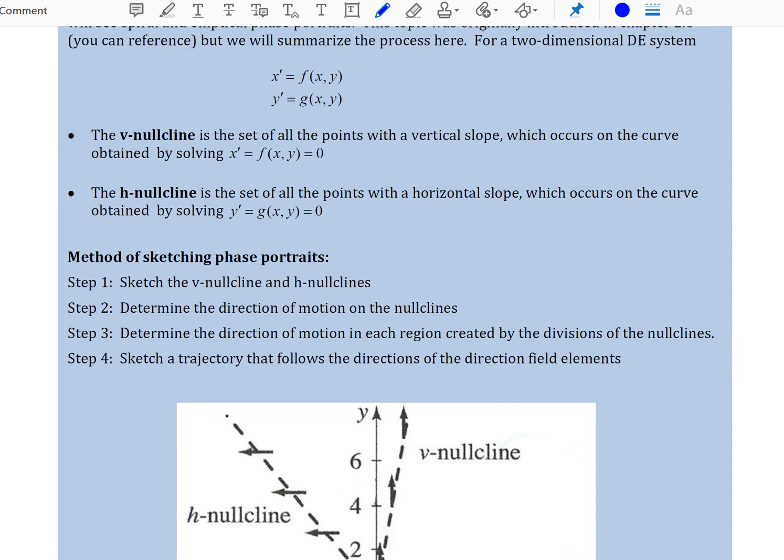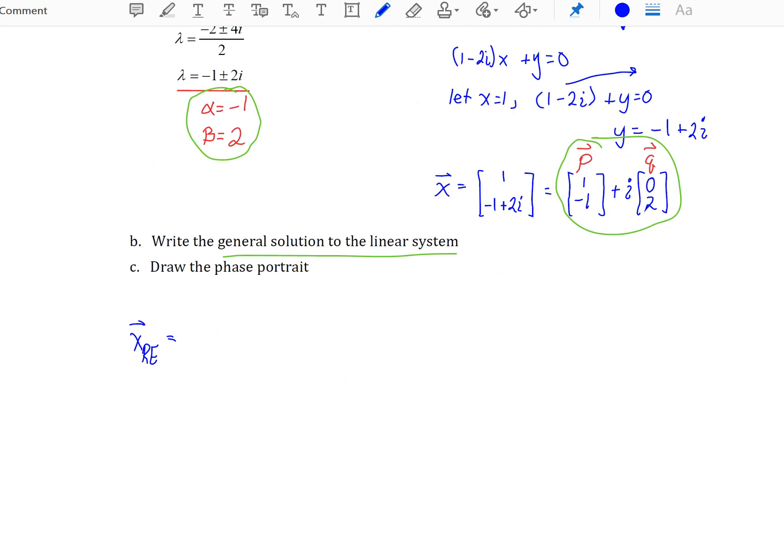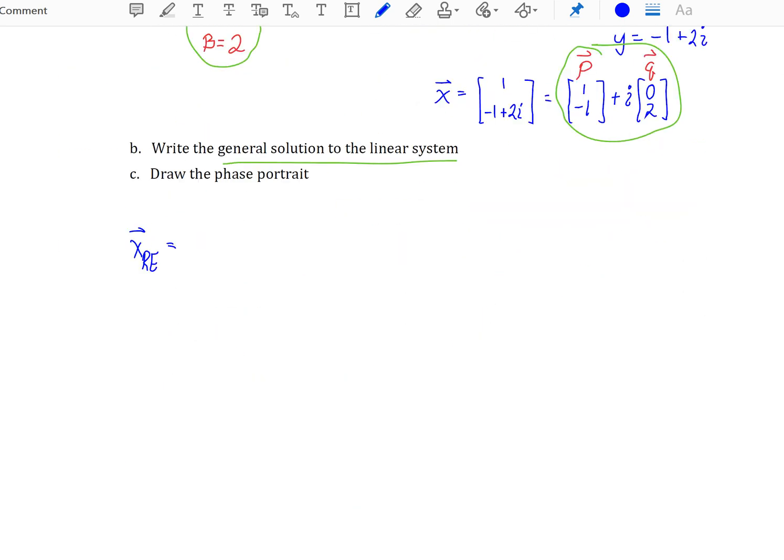You have to look at your notes. My notes, I have removed these. Okay, it's going to be e to the alpha t. So here alpha was negative 1, so e to the negative 1t times cosine of beta t times your p vector minus the sine of beta t times your q vector. Oh, that's positive 2.